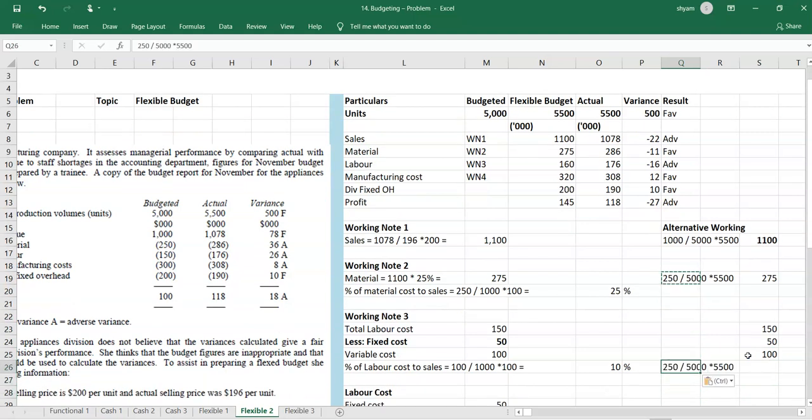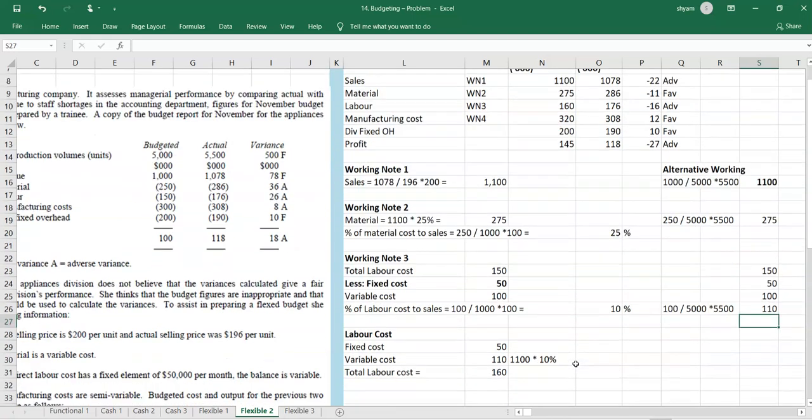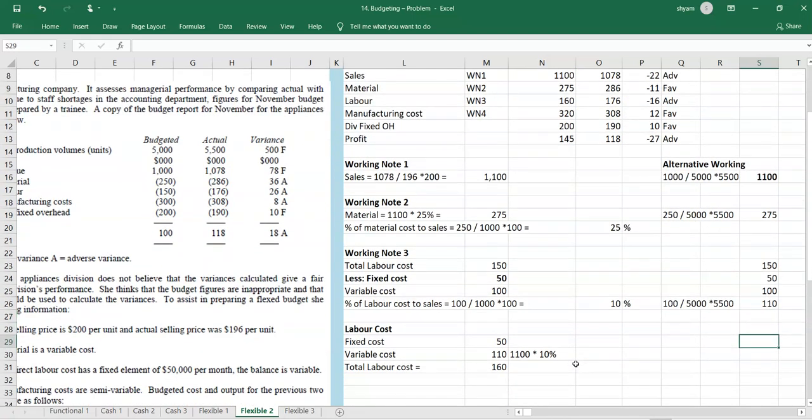We have to find out. It should be 110. So 110, plus the 50, we will get the 160. So I think that's how we found it. So 50 plus 110 will give you 160.